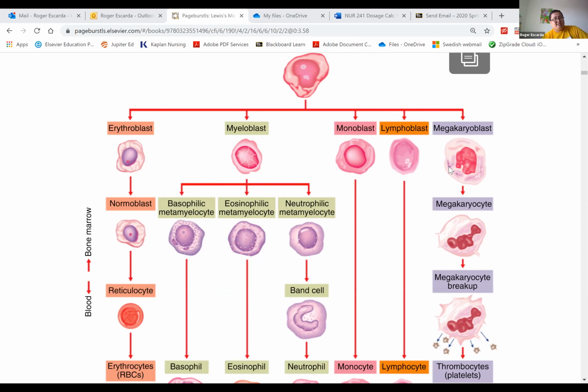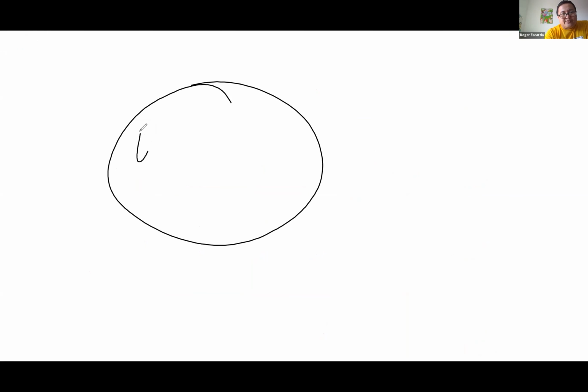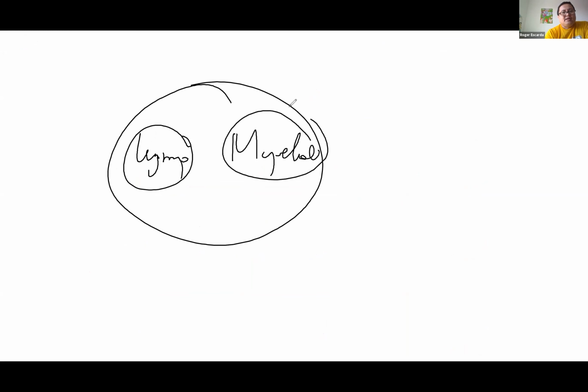Am I making sense? Let me show you. Okay, so let's say this is your bone marrow, and then you have lymphoid stem cells there, you have myeloid. Okay, so let's say it's a lymphocytic leukemia, and let's mark these guys as stars. So this one is lymphocytic leukemia, so they will multiply uncontrollably.